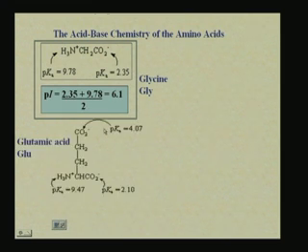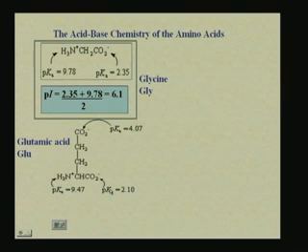What happens if I have a glutamate? When is the charge 0 for the glutamic acid? When it is between these two. Now, this is pK2 for the amine, this is pKr, this is pKa.